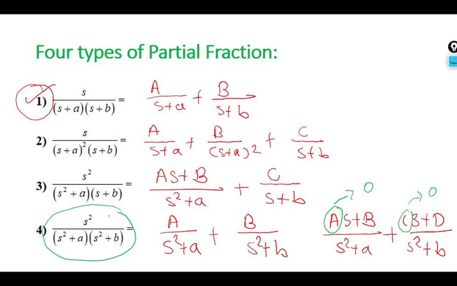So the coefficients of the linear terms automatically become 0, and you're left with B upon s square plus a plus D upon s square plus b. So there is no need to take As plus B and Cs plus D when everywhere a quadratic term is there. That is about the different types of partial fraction.